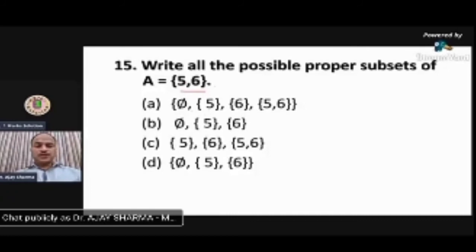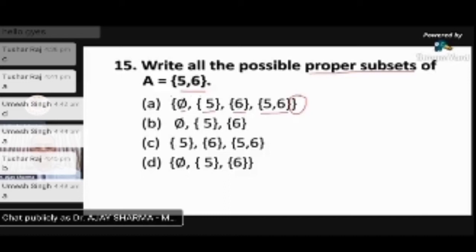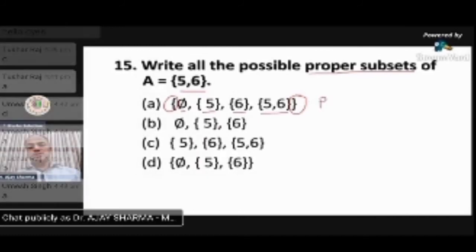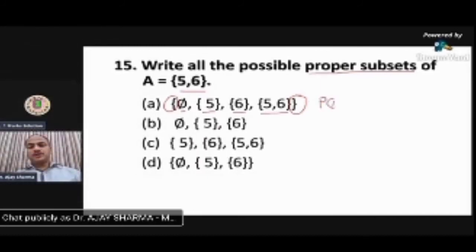Here the proper subsets are one, {5}, another, {6}, and this one, {5, 6}... Fine, but if we write one more bracket, it becomes the power set.